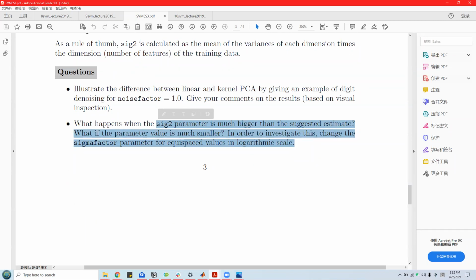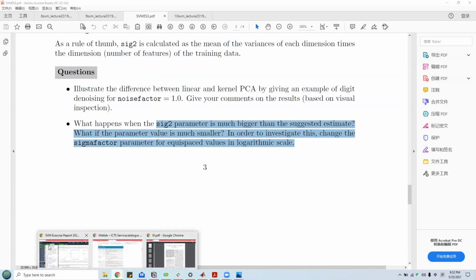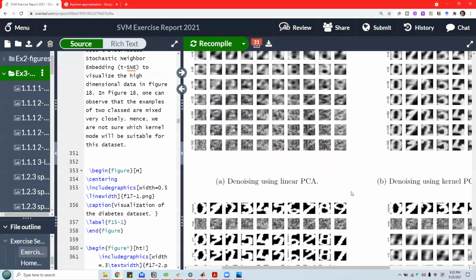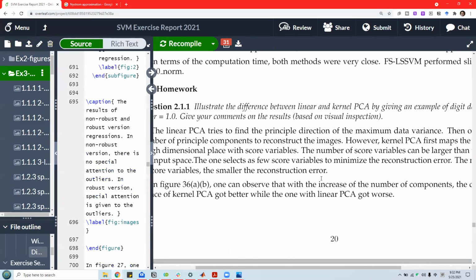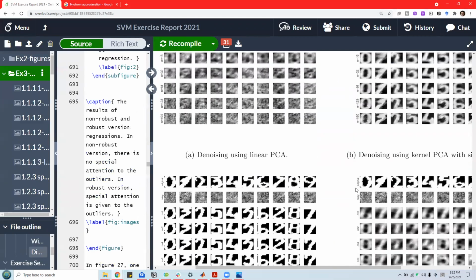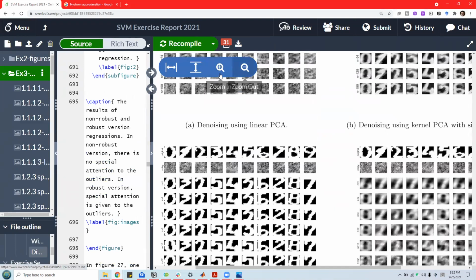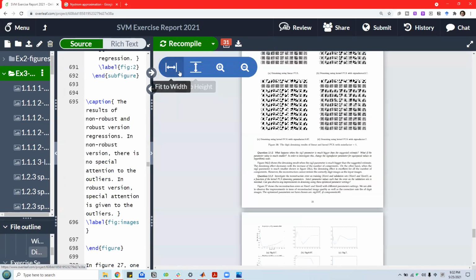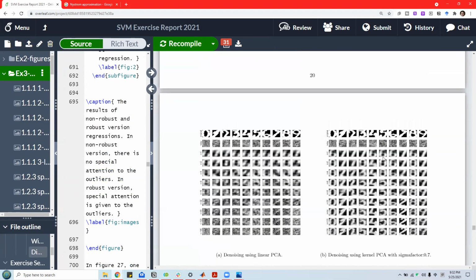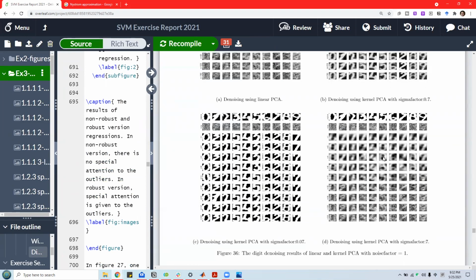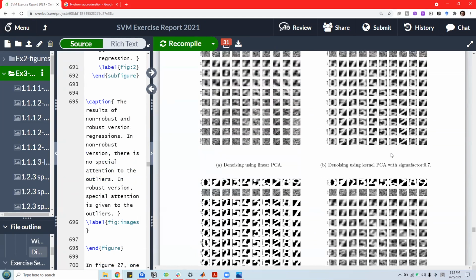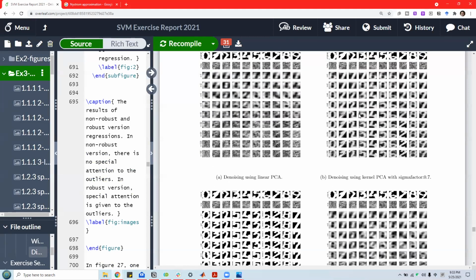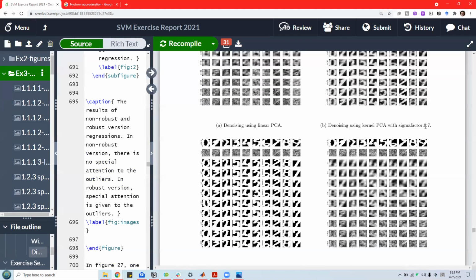Let me check what I got. Sigma 2. Basically I present the pictures with different sigma factors.